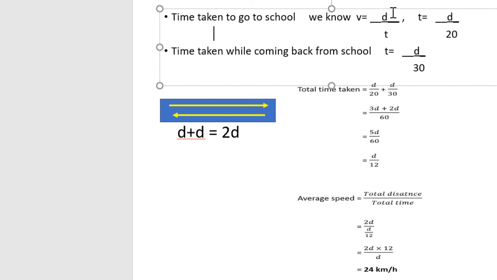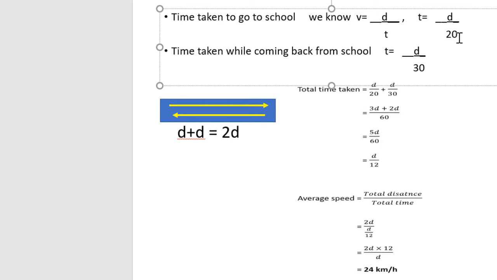This is a normal formula without any acceleration. From this formula, time is going to be distance upon speed. So t is equal to d upon 20 is the time taken to go to the school.